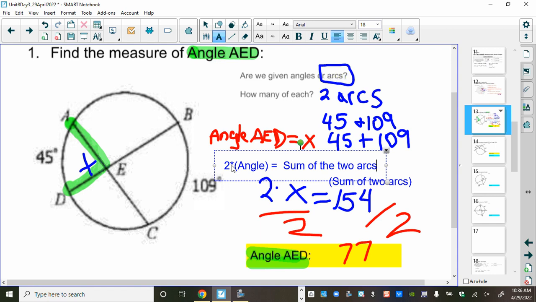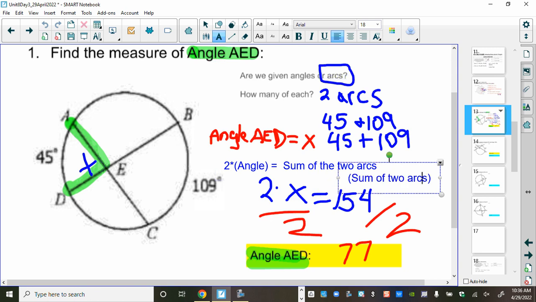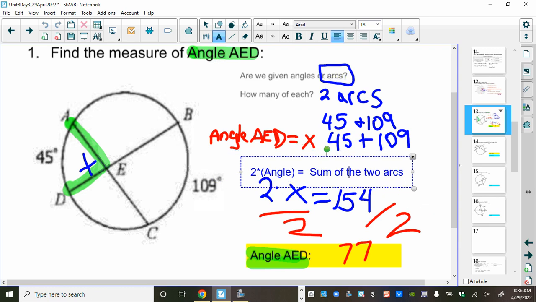Which in this case, the sum of the 2 arcs was 154. So the words are more like a narration.